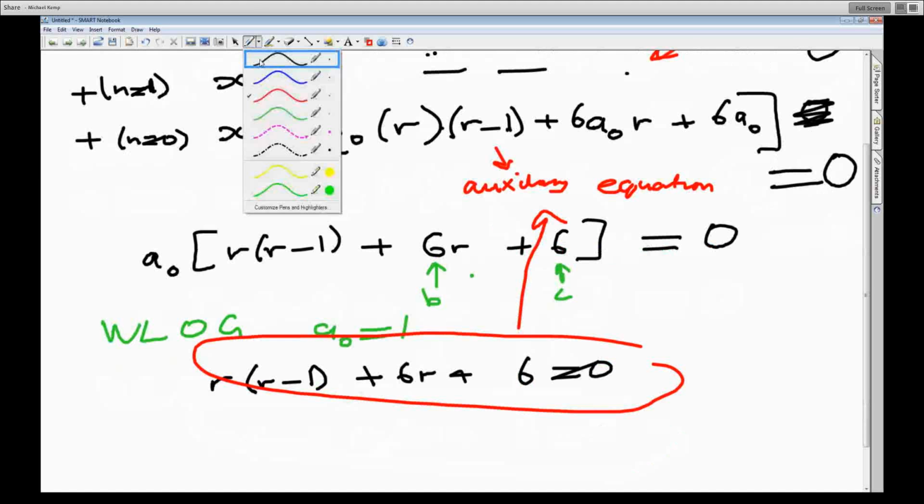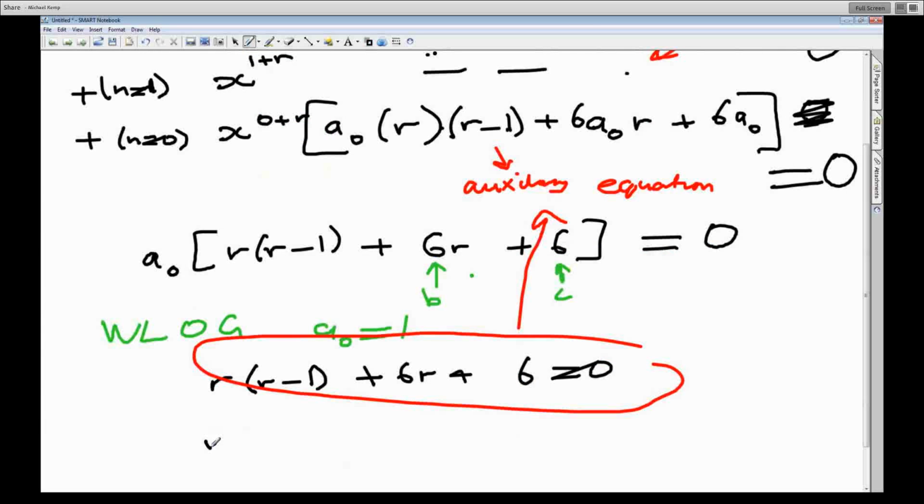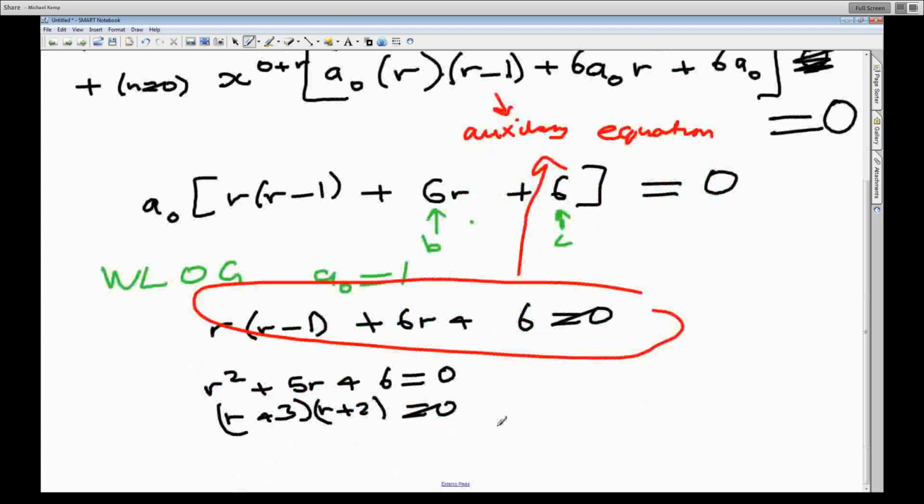So you factorize it out: you're getting r squared plus 5r plus 6 equals 0, and so you're getting (r plus 3)(r plus 2) equals 0. So that's the auxiliary equation in this case. So the solutions for this are r equals -2, -3.